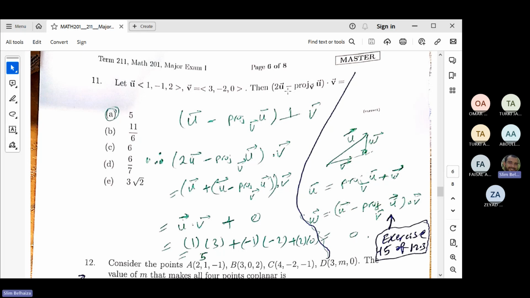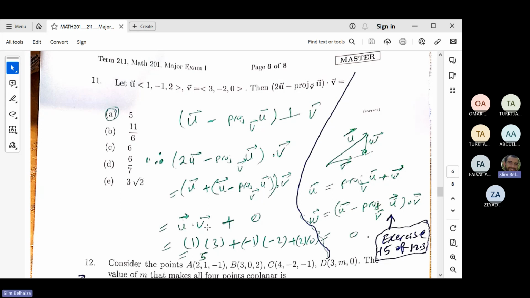So what is left? Instead of writing 2u minus projection of u onto v, you can split it. The 2u becomes u plus u minus projection of u onto v, all dot v. The second part, when you multiply this vector w here by v, is going to be 0. So basically, the whole question asked just for the dot product u dot v.